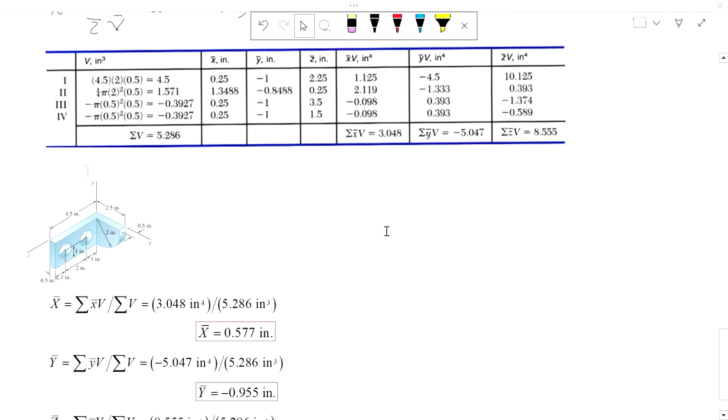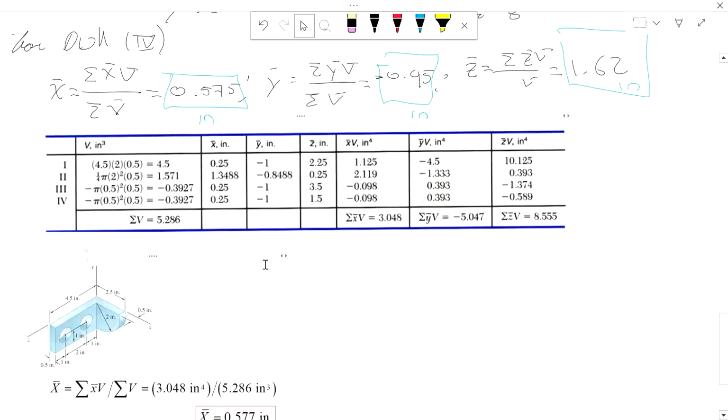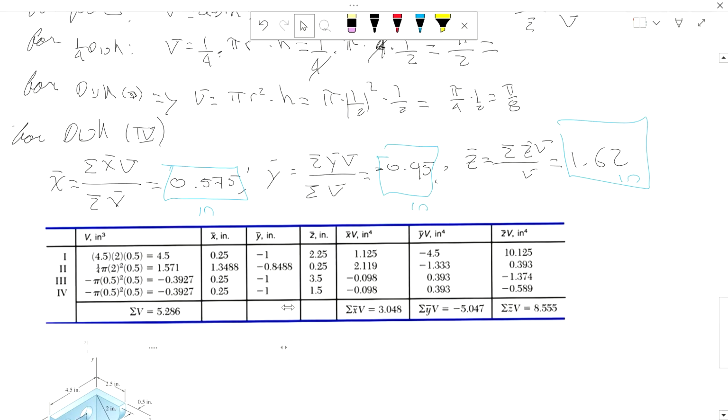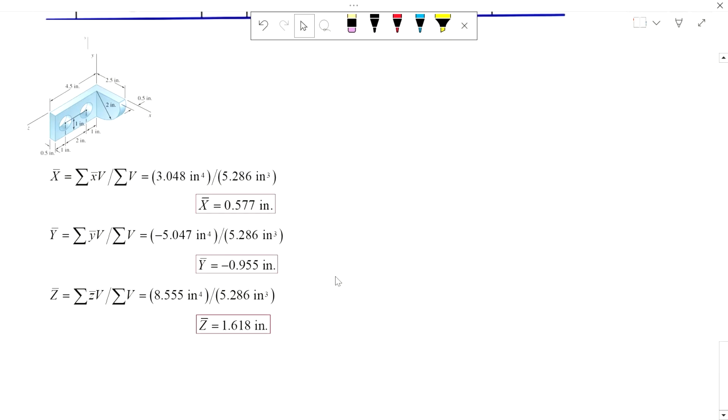The centroids are at 0.57 inches, y is negative 0.95 inches, as we said, and 1.62.